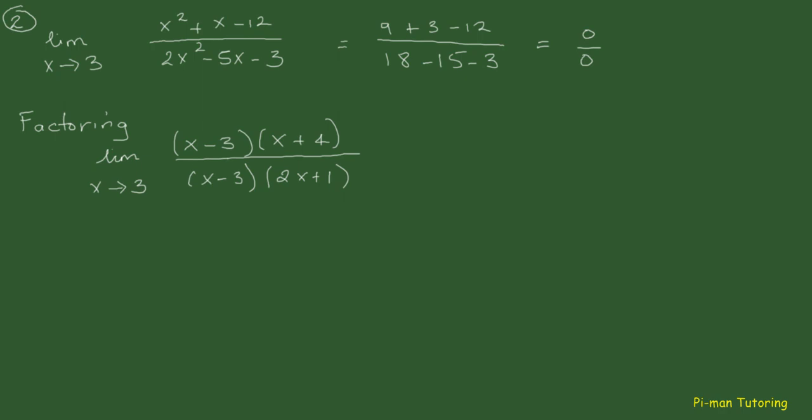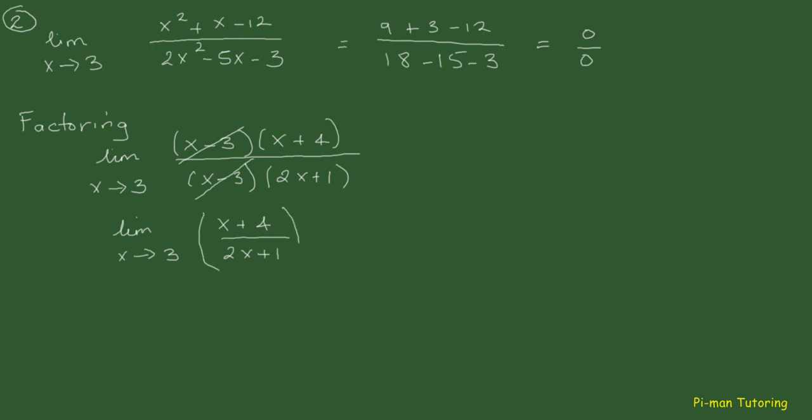And now, this is where things get a little confusing for people. We're going to cancel the common factor on the top and the bottom. Those factors cancel, and we write that this is the limit as x tends to 3 of x plus 4 divided by 2x plus 1.